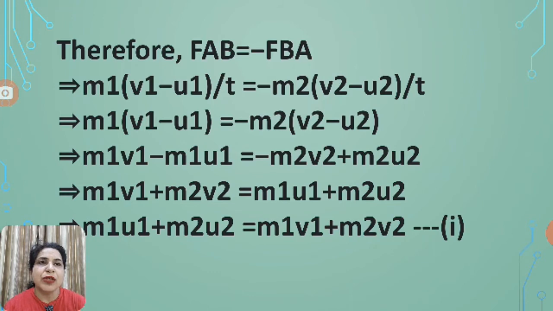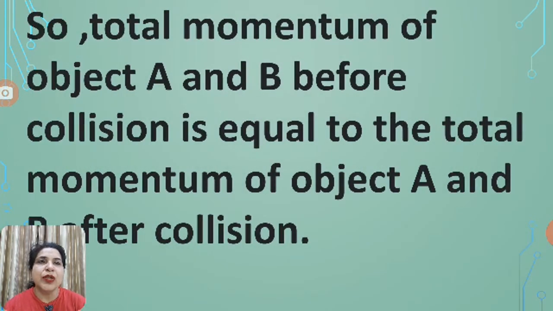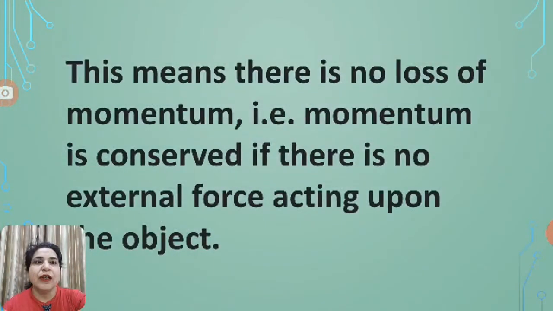Cancel out t from both sides, and after simplifying you get m1 u1 plus m2 u2 is equal to m1 v1 plus m2 v2. This means that the total momentum of objects A and B before collision is equal to the total momentum of objects A and B after collision. So this verifies the law of conservation of momentum.